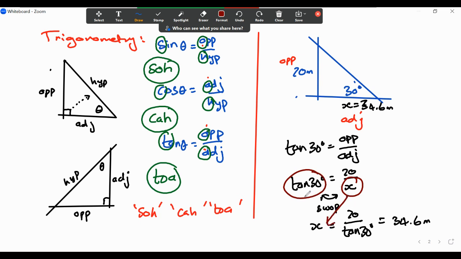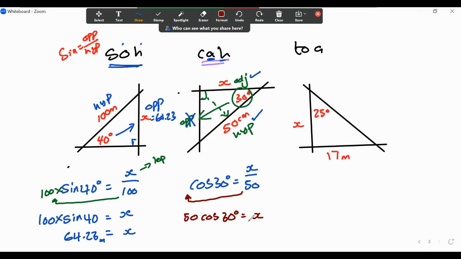Now we're not swapping. We're multiplying 50 by cos 30. So we just put 50 cos 30, and that comes to 43.3. It's not degrees, it's a length. So centimeters, and that's going to be x.